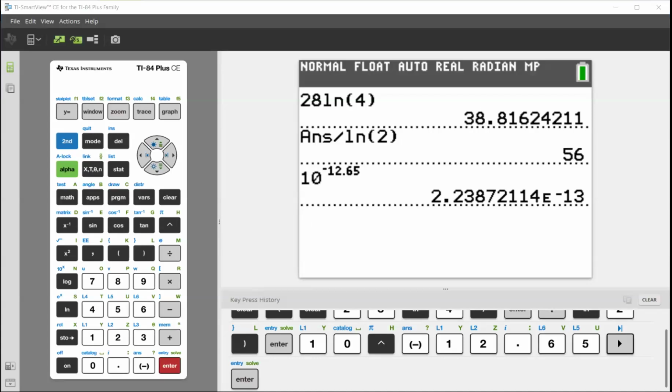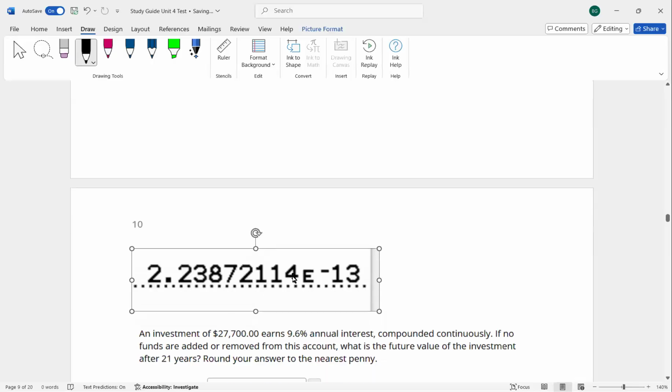Okay, so let me stop share the calculator. Let's go back to the study guide, and go on to the next page.